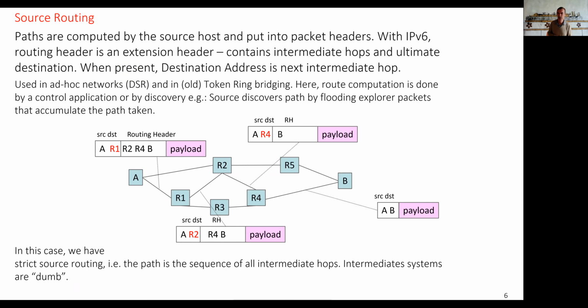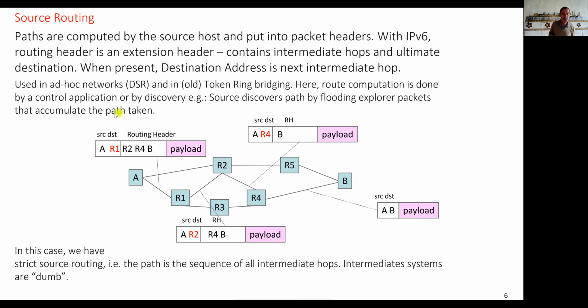Ad hoc network is a terminology used when you, for example, have an emergency response situation where you deploy on the field a number of boxes that you want to be routers, and you want to create a mesh on the fly. So DSR is, for example, used by companies like Caterpillar when they build a network of all the machines that are working out on the field.